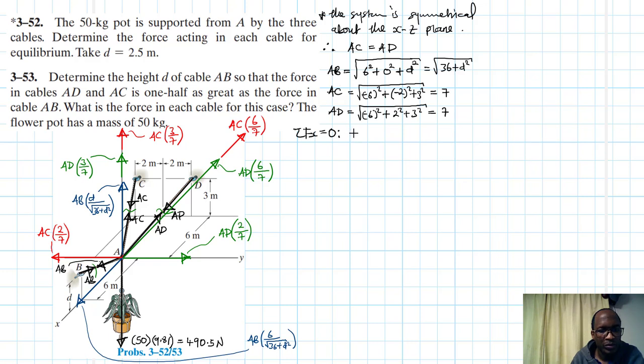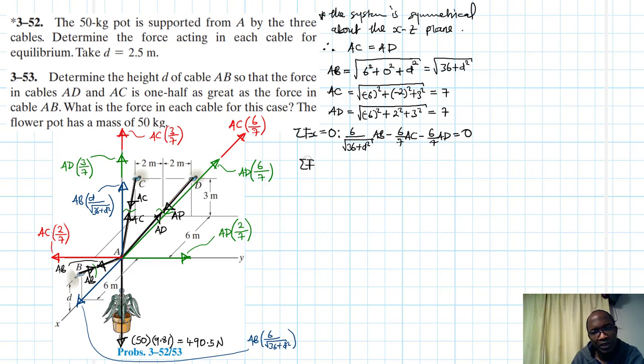In the x we have, let's start with AB, of course. So this is 6 divided by root of 36 plus d squared, times AB, minus 6 divided by 7 AC minus 6 divided by 7 AD equal to 0.